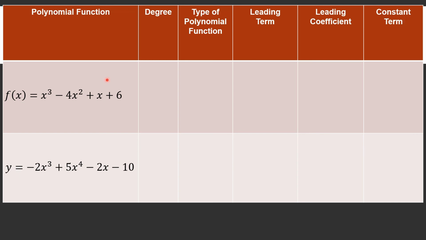For the first one, we have f of x is equal to x cubed minus 4x squared plus x plus 6. What is the highest exponent? We have 3. So the degree is just 3. Since the degree is 3, what type of polynomial function is this one? It is cubic. Next, what is the leading term?